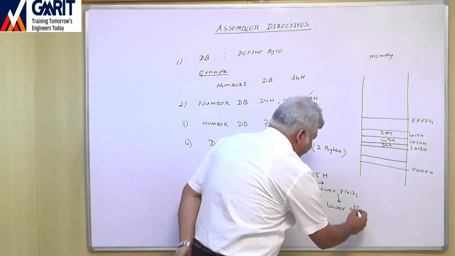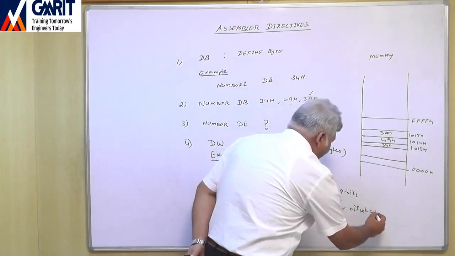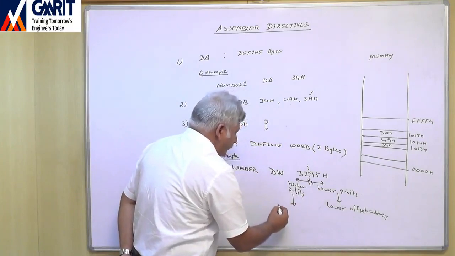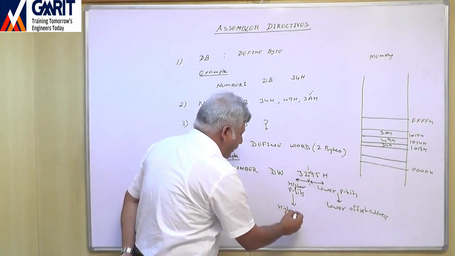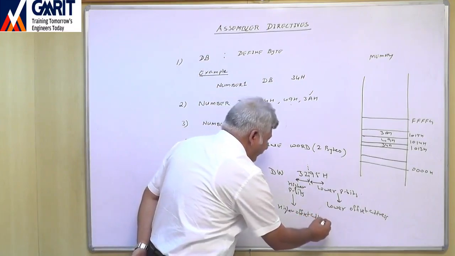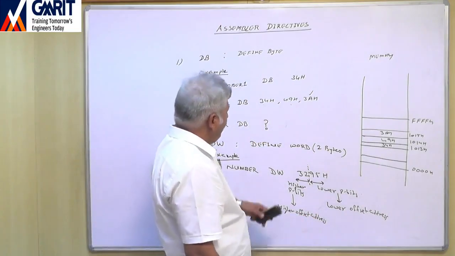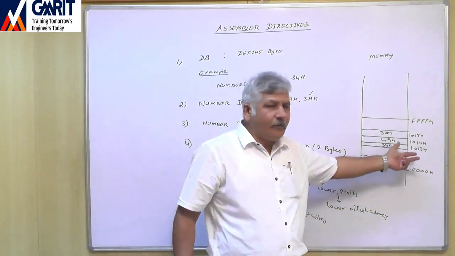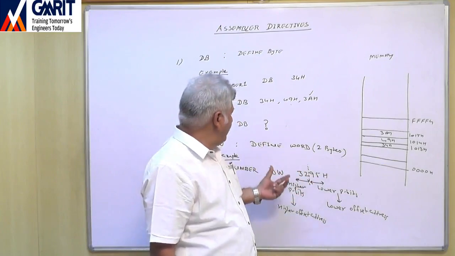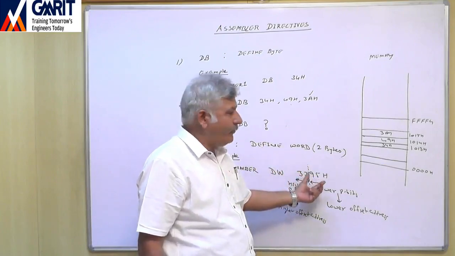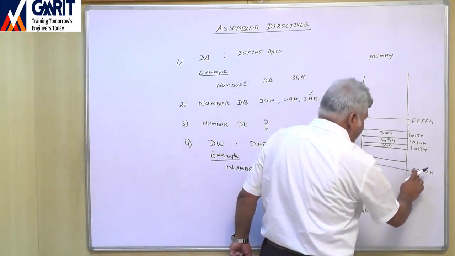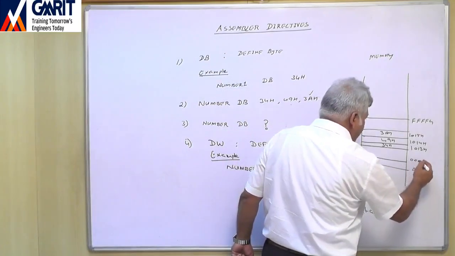So lower 8 bits will be stored at the lower offset address, and higher 8 bits will be stored at the higher offset address, right? And our assembler will assign whatever memory locations are available. So assign the two memory locations for this word 3295. So let us assume the assembler has assigned two memory locations 0000 and 0001H.